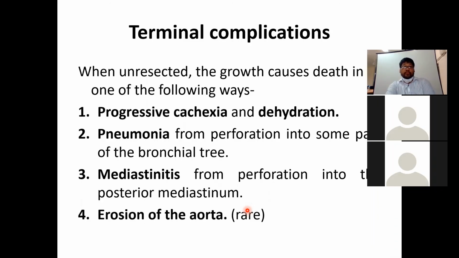So coming to the terminal complications of carcinoma esophagus. So when unresectable, that is imminent. So that can occur in the following ways. So the patient may become more cachexic and dehydrated, and ultimately there will be death.